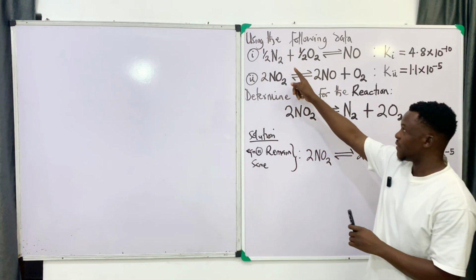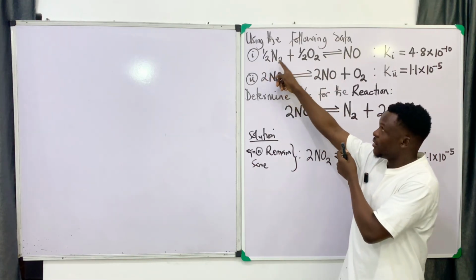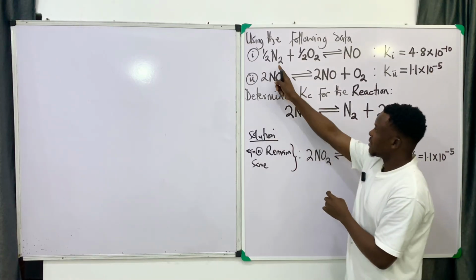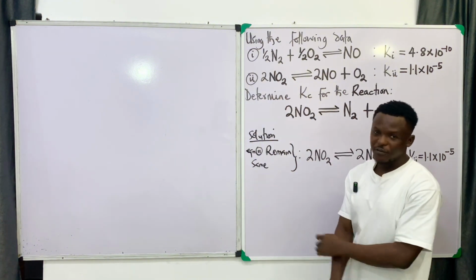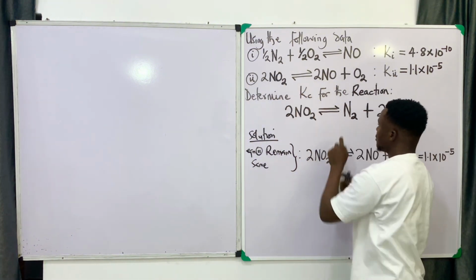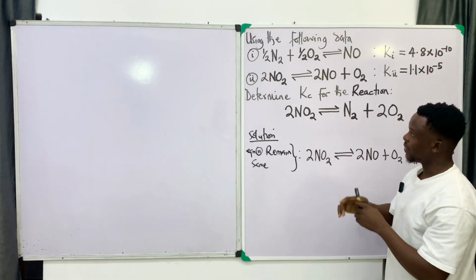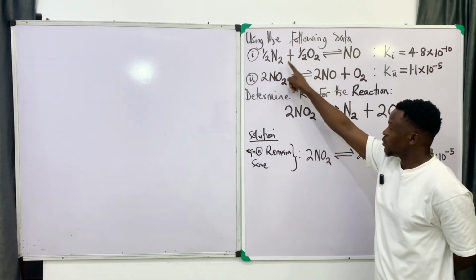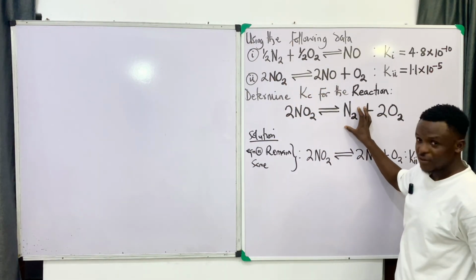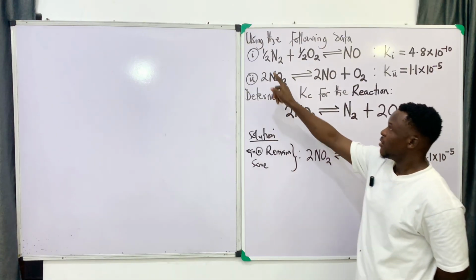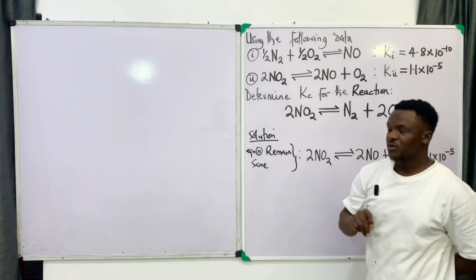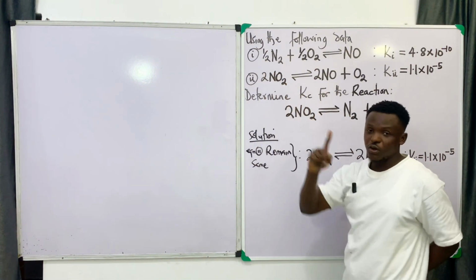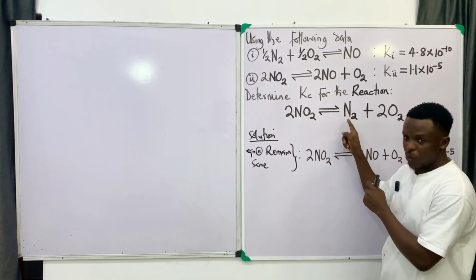First thing first, we need to reverse equation 1 so that this N2 will come to the product side to correspond to the one we have here. But even after reversing this equation, the mole is still half. And we need this mole to be 1 so as to correspond to what we have here. So two things will be done to equation 1. First, you need to reverse it so that this N2 comes to the product side. Secondly, you need to multiply this half by 2, because 2 times half will give us 1, which corresponds to what we have here.